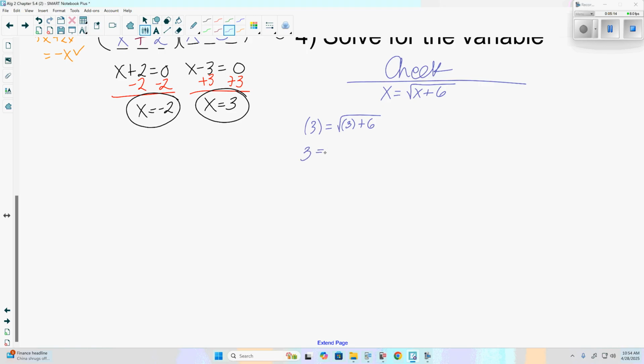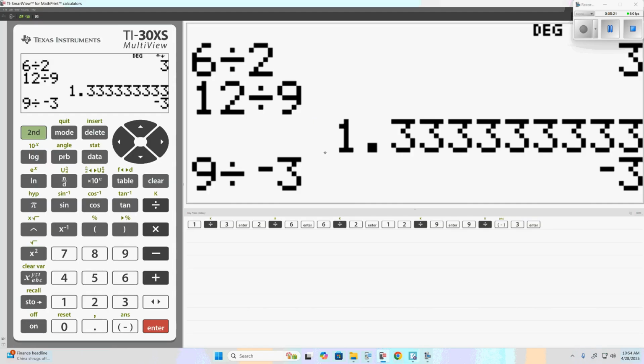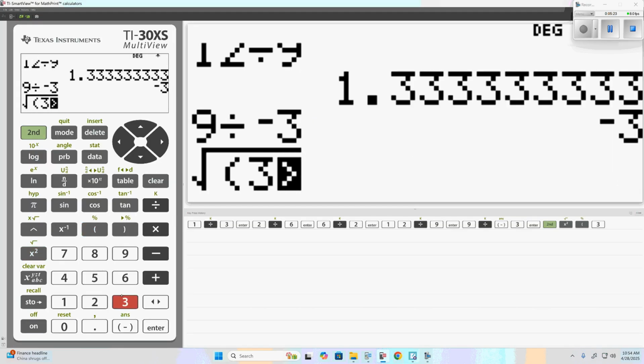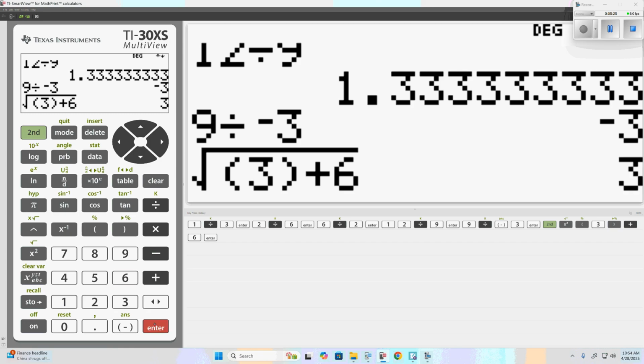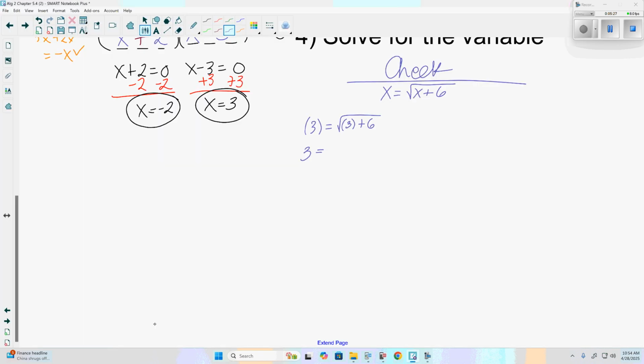The left-hand side, we just have 3. On the right-hand side, we have the square root of 3 plus 6. We can do that by hand, or we can just say the square root of 3 plus 6 is, lo and behold, 3. So that tells us x equals 3 is a solution.